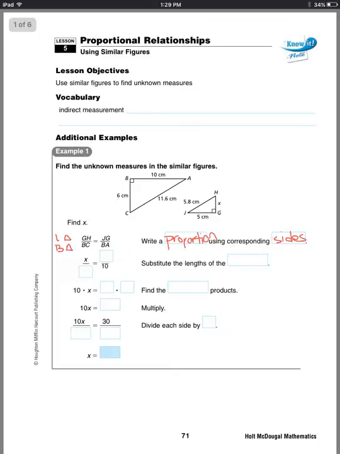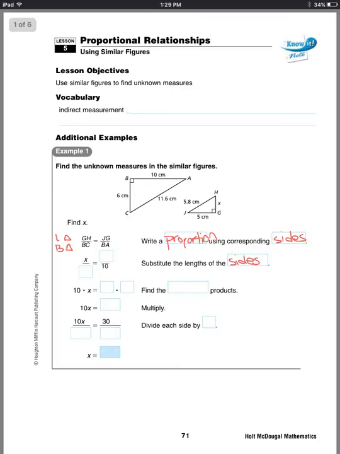So they took GH from the little triangle and put it in the numerator, and then put that over the corresponding side of the big triangle, which was BC. Then they took JG from the little triangle and put it over the corresponding side BA from the big triangle. Now we're going to substitute the lengths of the sides.